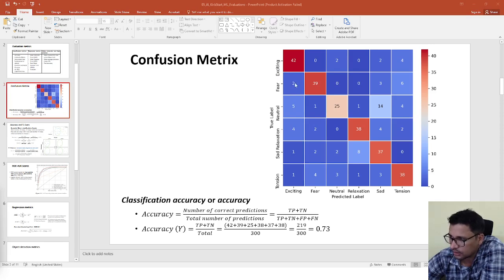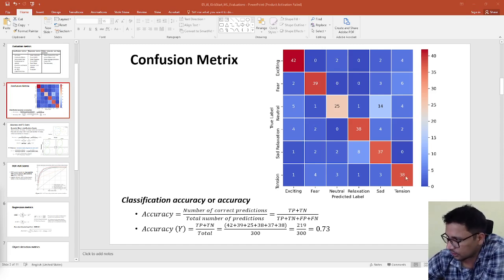These two samples are misclassified, and similarly the five samples are actually neutral class samples, but the model predicted them as exciting. Similarly for the others.